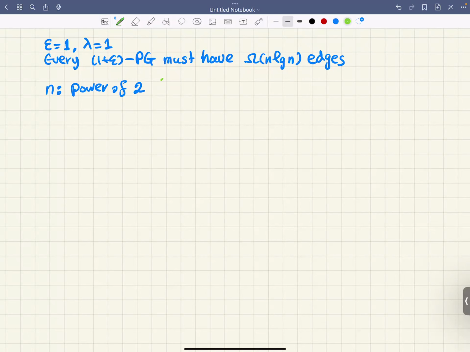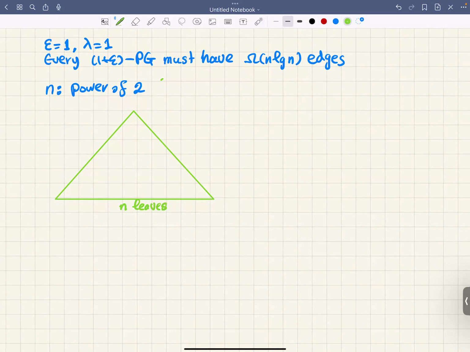First of all, I will construct a perfect binary tree. Not a binary search tree, just a binary tree. This binary tree is perfect in the sense that all the leaves are at the same level and every internal node has 2 children. Now, I will have n leaves here.